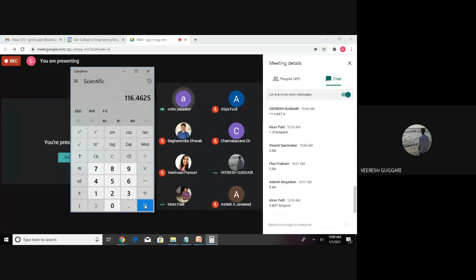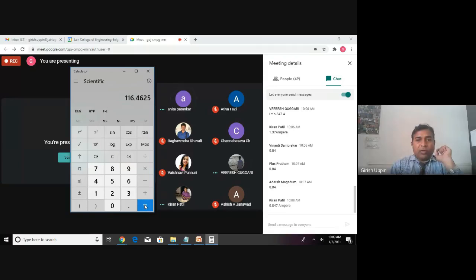Total voltage minus VA. Very good. V is equal to VA plus VB, right? V is given as 220, and VA you already calculated. Therefore, VB is equal to V minus VA, that is 220 minus 116.4, which is 103.6.